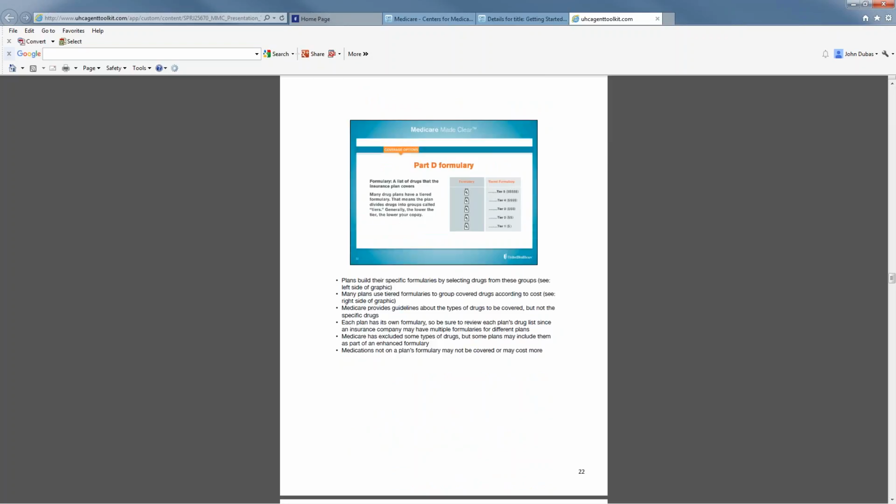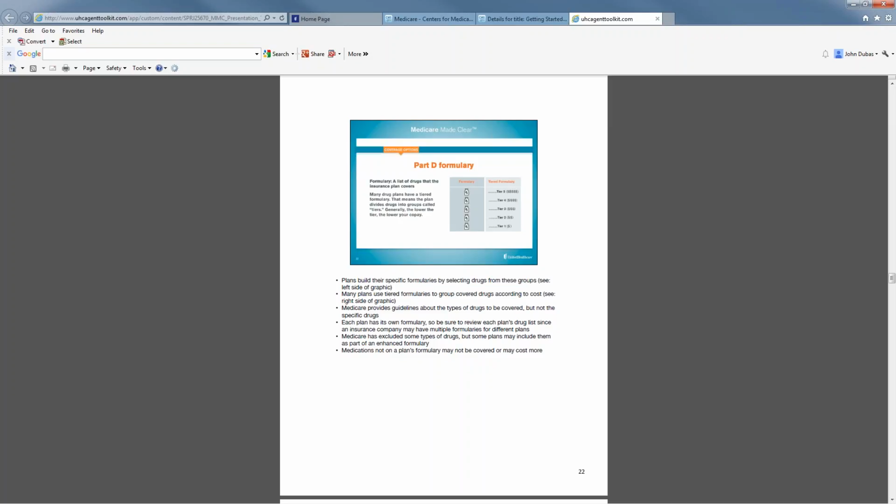The formulary, well, that's a list of drugs that is offered by that particular plan. And those plans have built their specific formulary by selecting drugs from specific groups. Many of these plans will use tiered formularies to cover drugs according to the cost. So depending upon where the drug falls on the list will help determine the cost of the medication as well.